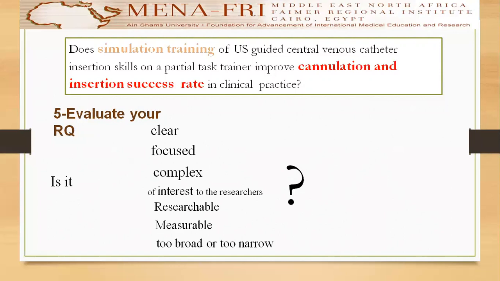It is not a yes or no question. Interest? Yes, it is of interest. Researchable? Measurable? Yes, I can do a research and measure it: the cannulation and insertion success rate. Too broad or too narrow? No, it's a good research question.